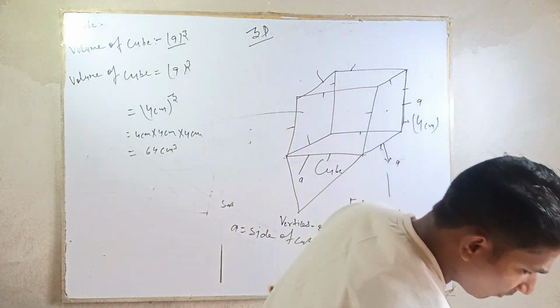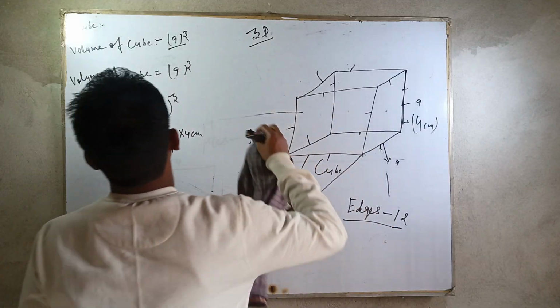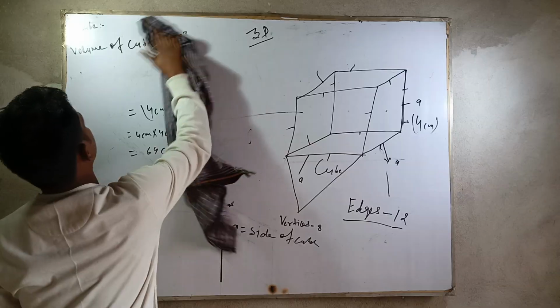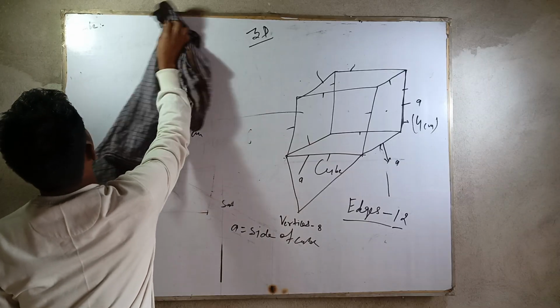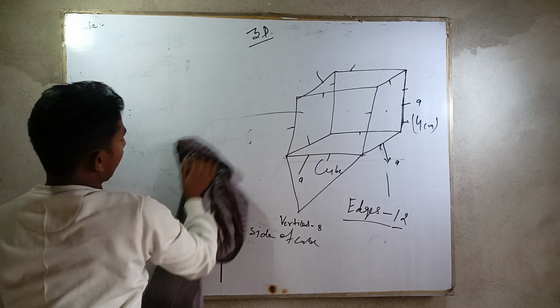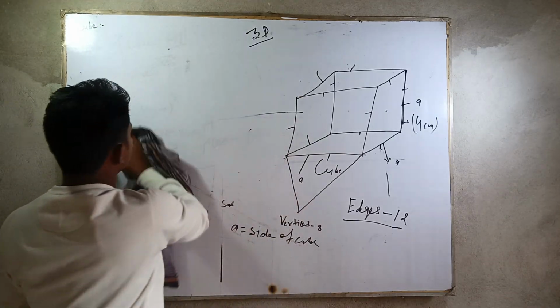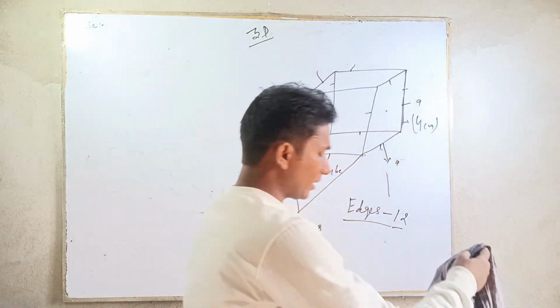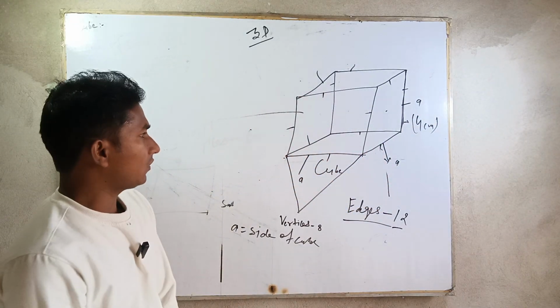Next, about surface area. Surface area is also lateral area of a cube.